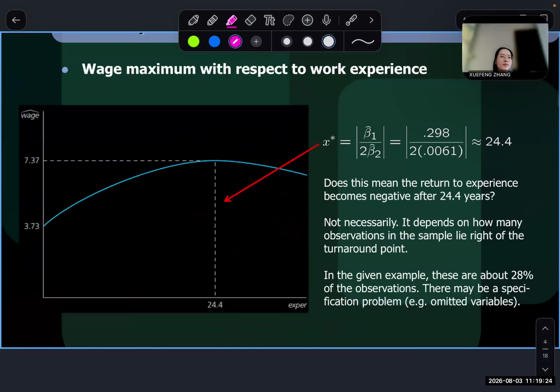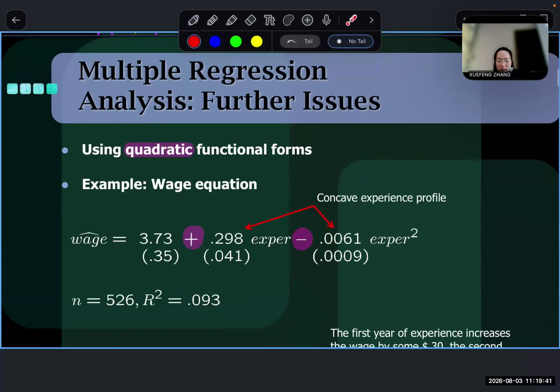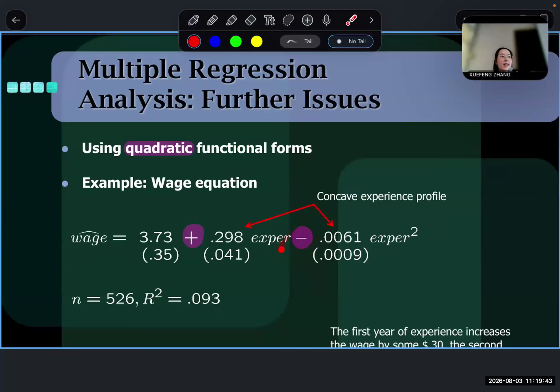So this shape is called concave or convex? This one is concave. I mean the shape of the graph, because the quadratic term is negative. That means it bends down, which means wage goes up with experience, but slower and slower.